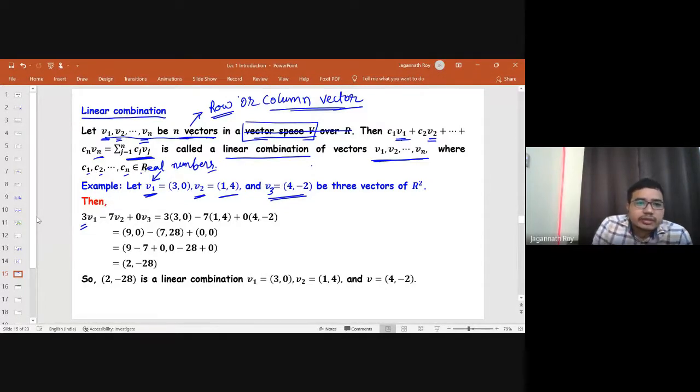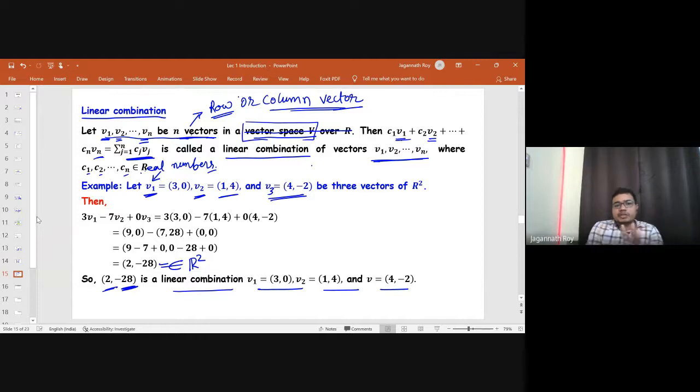Then you put any 3, minus 7, and 0 and take the combination. So this is a linear combination. This is again a vector in R2. So (2, minus 28) is a linear combination of these.